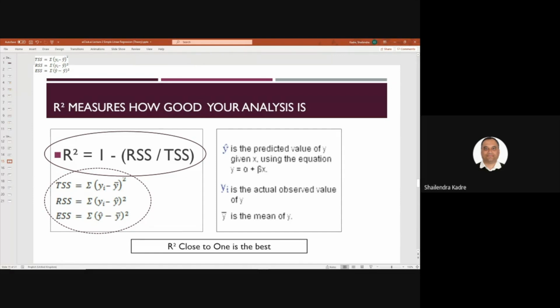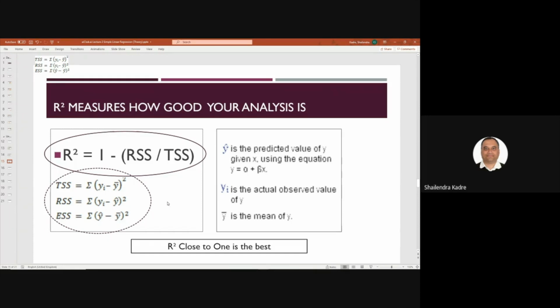So once again I will explain what is total. TSS is total sum of squares. It is nothing but actual minus mean, squared. Residual sum of squares is nothing but actual minus predicted, squared. Explained sum of squares is nothing but predicted minus mean, squared.